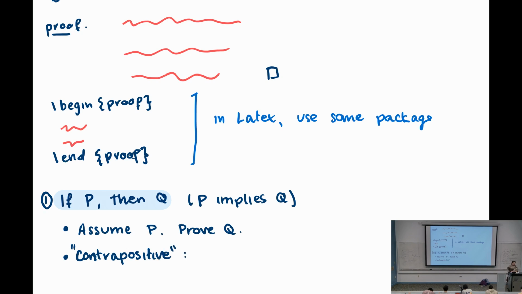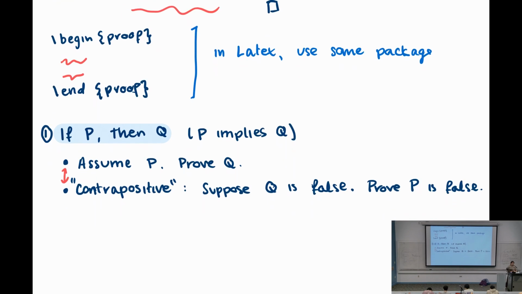To do this method, you would suppose that Q is false, and from that assumption, you would prove that P is also false. These two things are logically equivalent, and either of them suffices to prove a statement of the form if P then Q. So let's see an example of this, and this will be a property of groups.